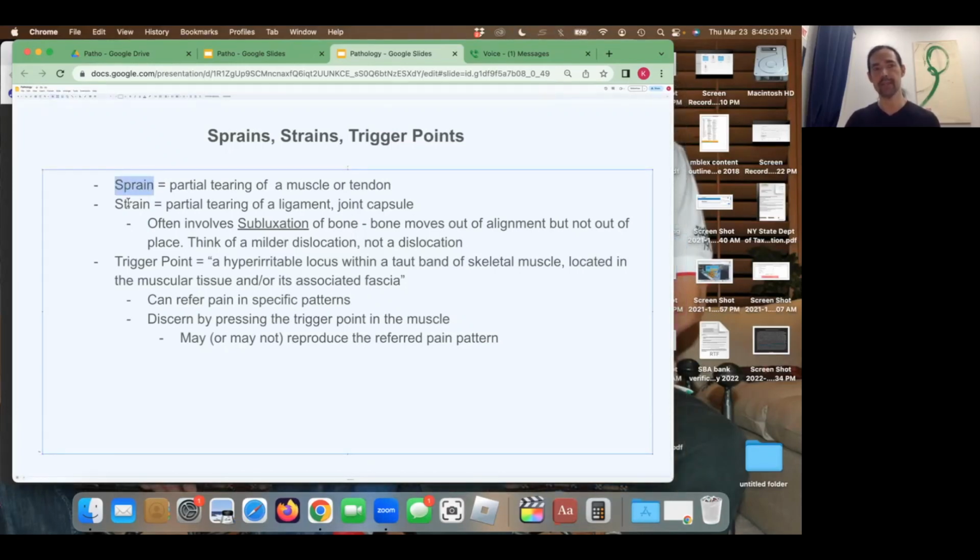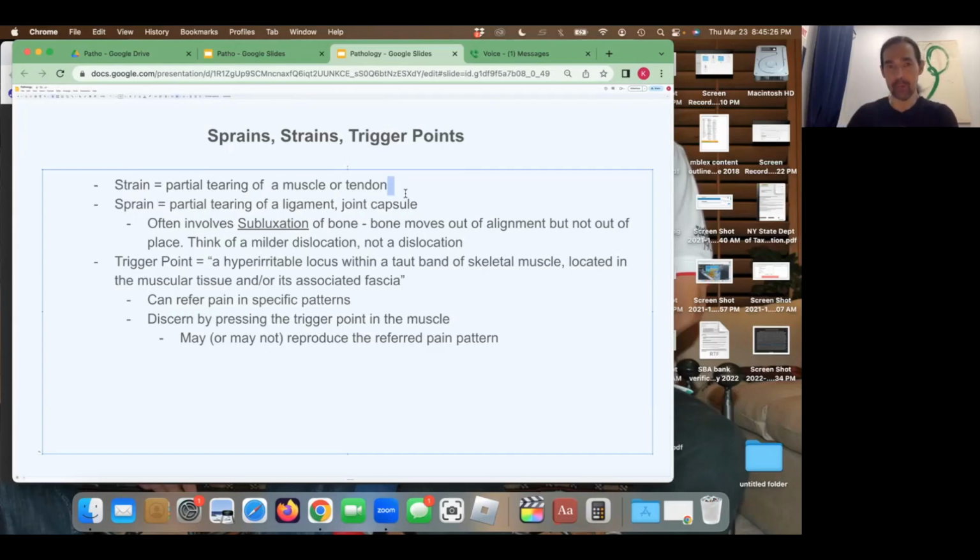So sprains, when you hear sprain, I want you to think of a muscle or a tendon. What's attached to a muscle? A tendon. Wait a minute. Strain. A strain is the tearing of a muscle or a tendon, okay?